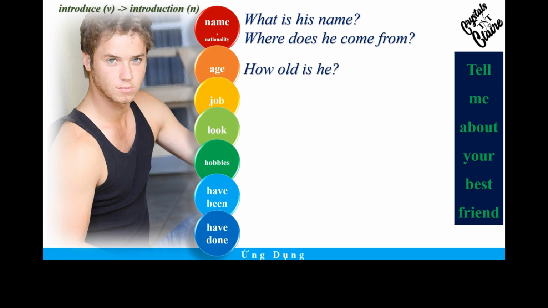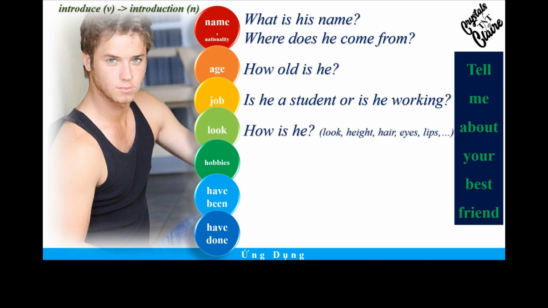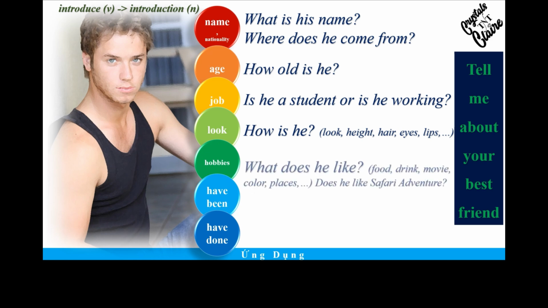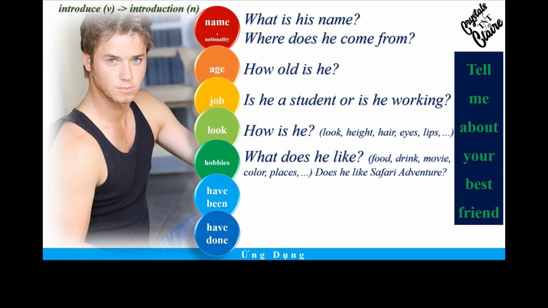He came from America. He is the same age as me, 36 years old. He is working, of course. And he is very handsome. He has blue eyes and a straight nose. His hair is curly and brown.